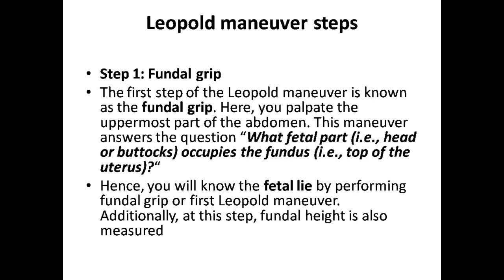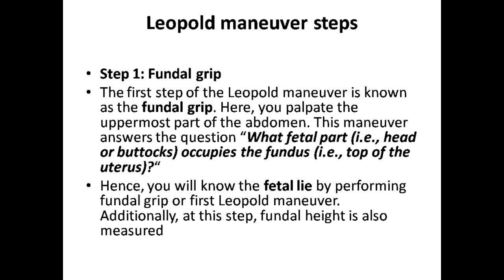Okay. So here you are going to palpate the uppermost part of the abdomen. This maneuver answers questions like what fetal part, whether it is head or buttock, occupies the fundus, that is nothing but the topmost part of the uterus. You all might have studied the anatomy as well as physiology of the female reproductive tract.